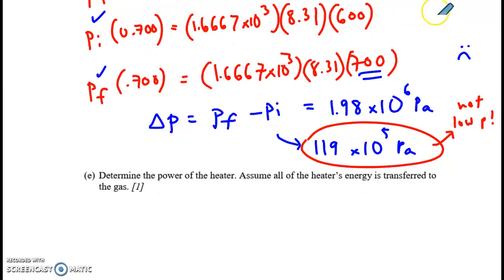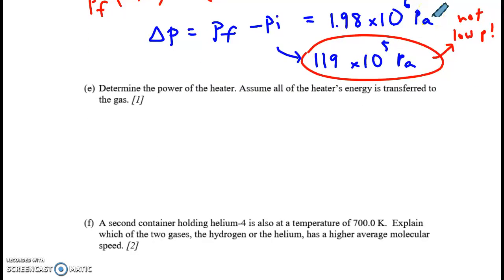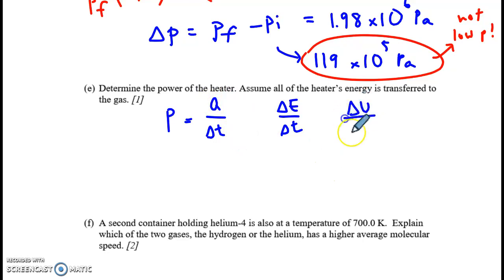Okay, so moving on. Determine the power of the heater. The only equation with power, capital P, is Q over delta t, or maybe energy over delta t. In fact, if the Q is causing the internal energy to rise, we could even use the change in internal energy.